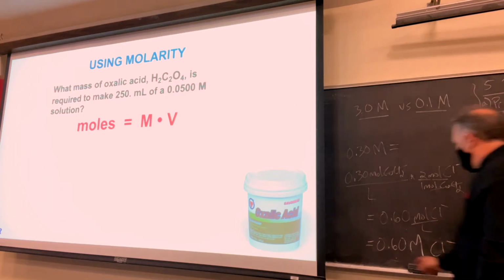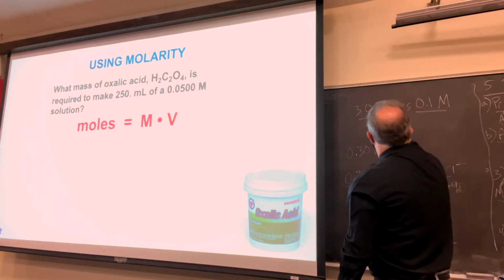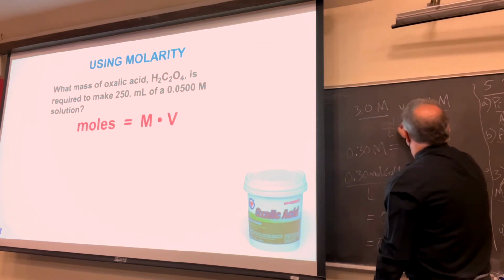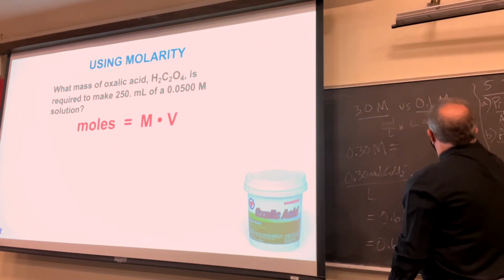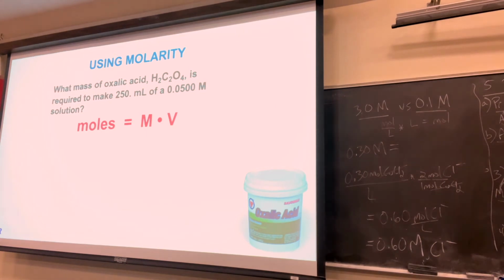If you have molarity, which is moles per liter, and you multiply by liters, that's going to give you the moles. So if we can take the molarity here and multiply it by the volume, that's going to give us the moles. Now, if molarity is moles per liter, what do you think the units are going to have to be of the V part here?